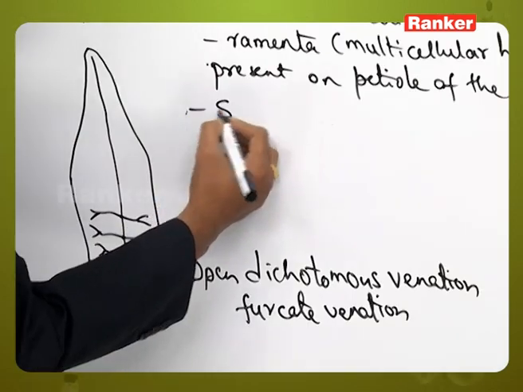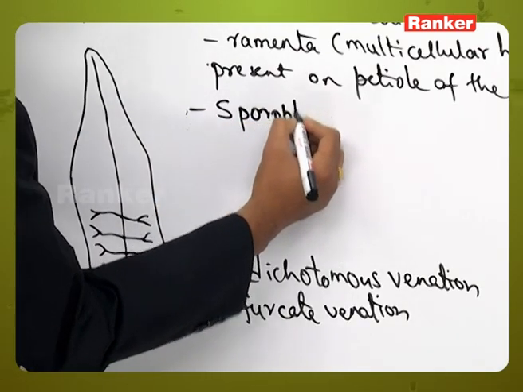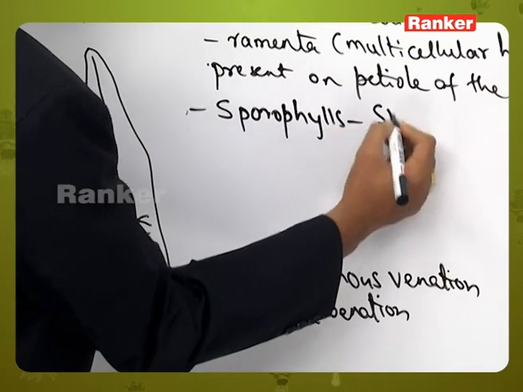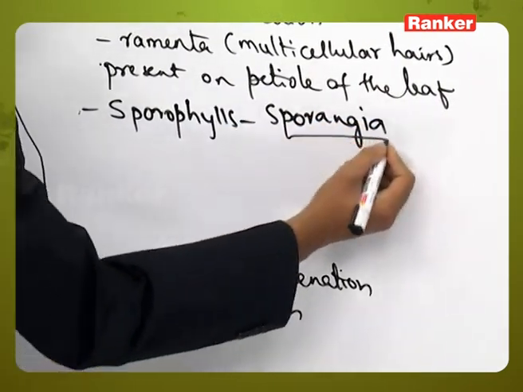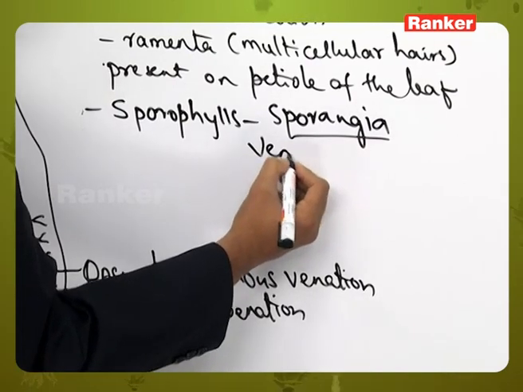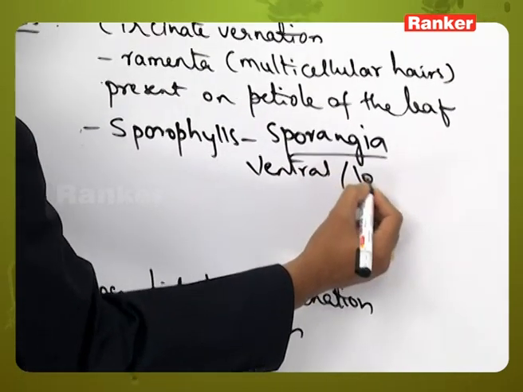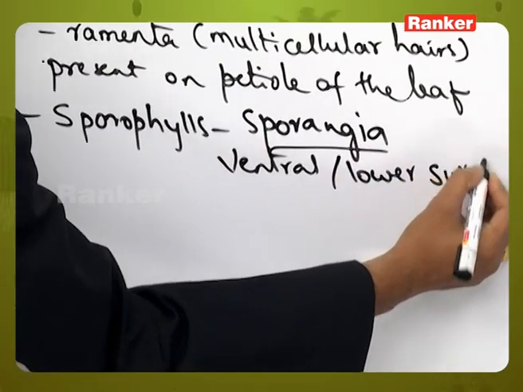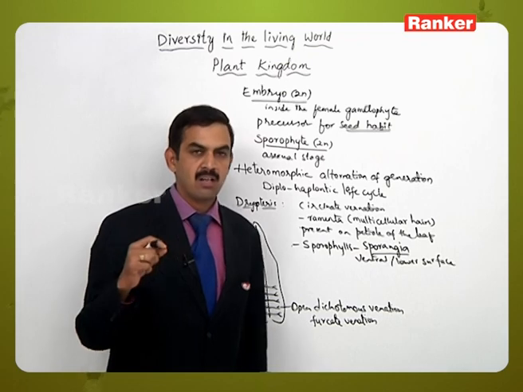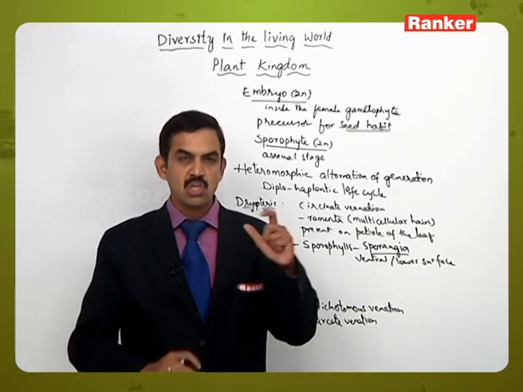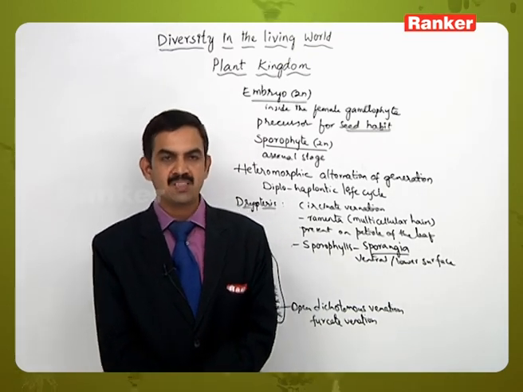Then apart from this one, the sporophylls bear groups of sporangia, that is, sori. Generally the sporangia will be growing on the ventral surface, that is on the lower surface of the leaf. And here the sporophylls are having sporangia which are protected by some sheath like structure.